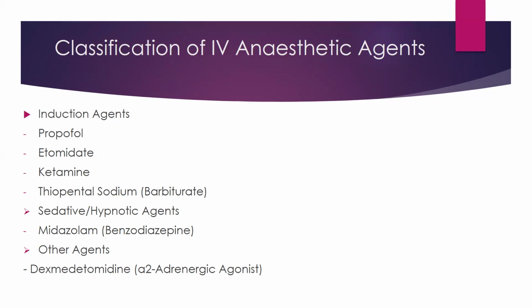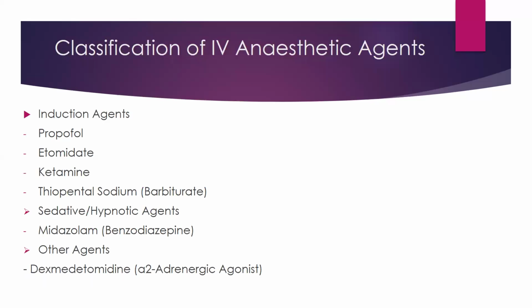So we have induction agents, sedative or hypnotic agents, and other agents. Induction agents include Propofol, Etomidate, Ketamine, pentasodium, and others. Sedative hypnotic agents include Midazolam, and other agents include dexmedetomidine. So broadly, IV anesthetics can be classified as such.